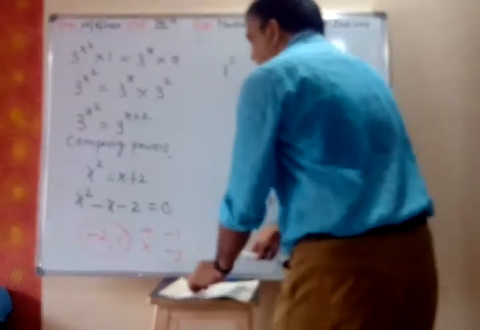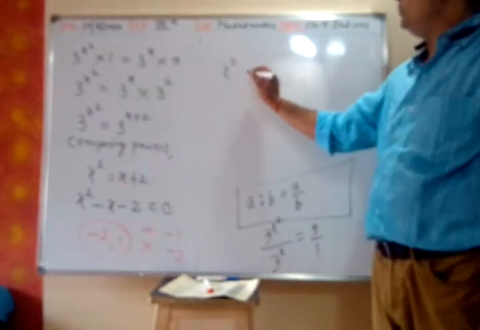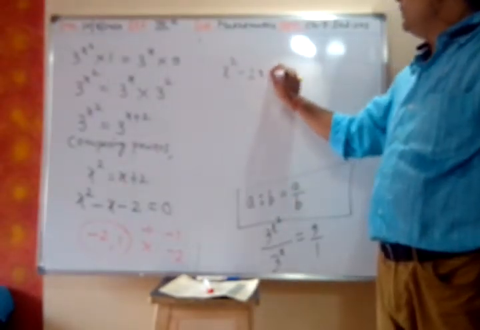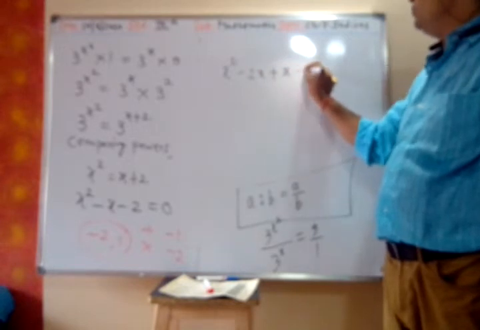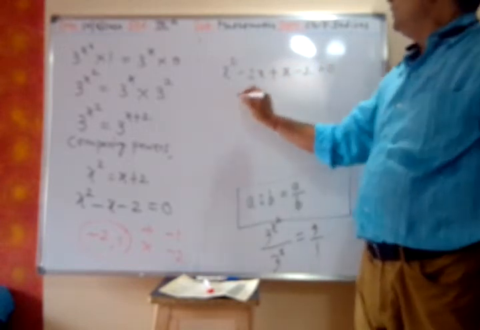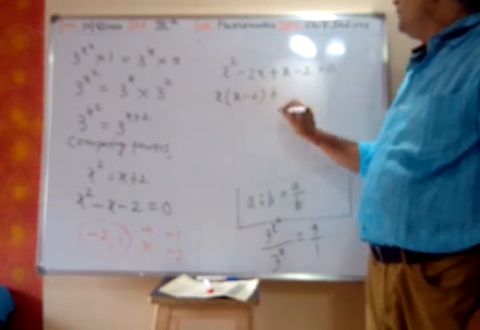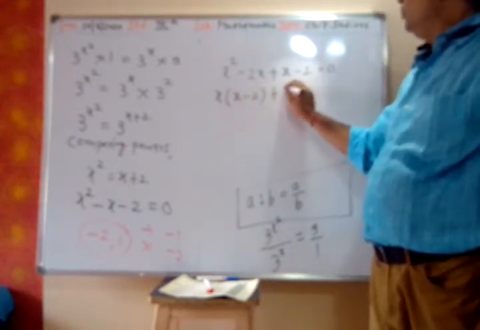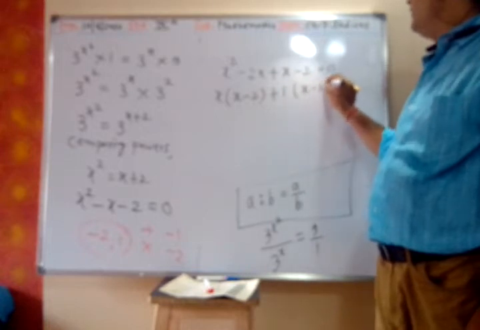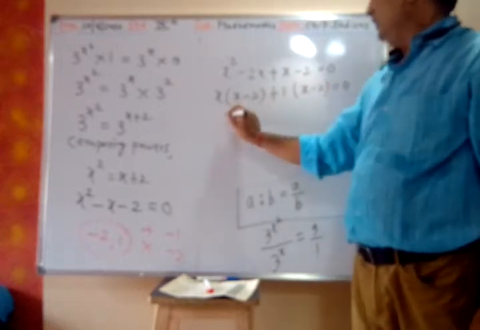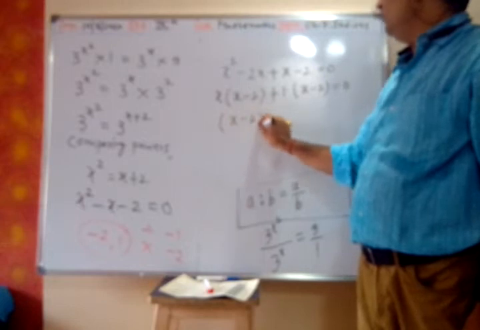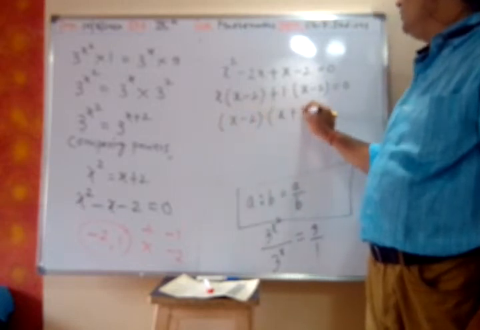When you add, you will get minus 1. When you multiply, you will get minus 2. So x square minus 2x plus x minus 2 is equal to 0. So x into x minus 2 plus 1 into x minus 2 is equal to 0. So you will get x minus 2 into x plus 1 is equal to 0.